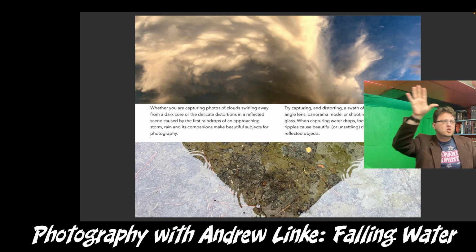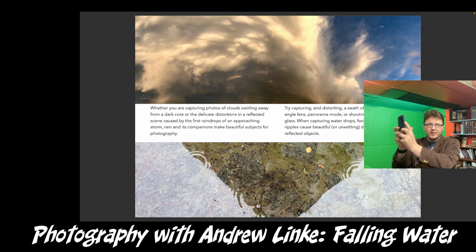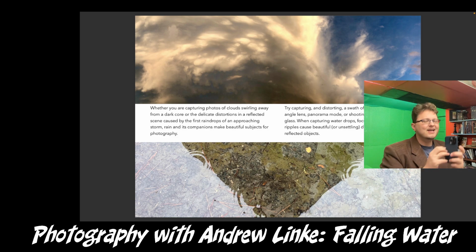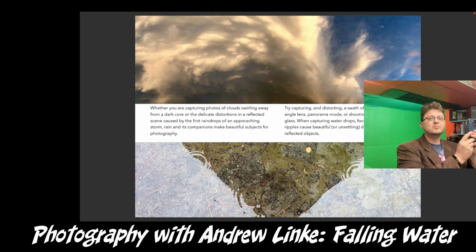That deep curve that you see in those clouds, a lot of that comes from the fact that I did it using a phone camera on panorama mode. And remember, when you're taking a panorama, it bends things. And I just made sure that I didn't just try and get the cleanest picture I could.